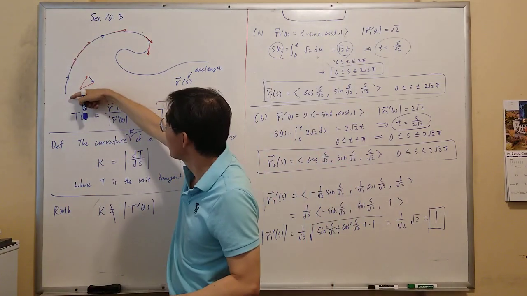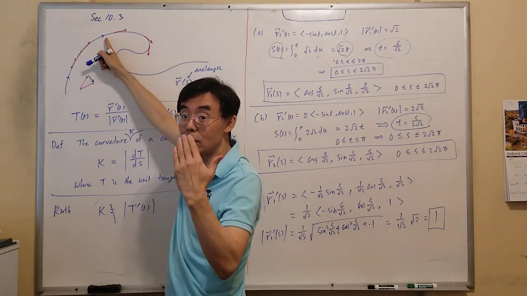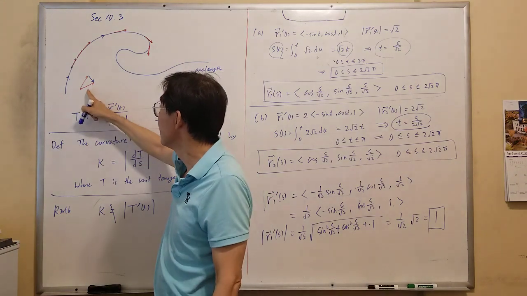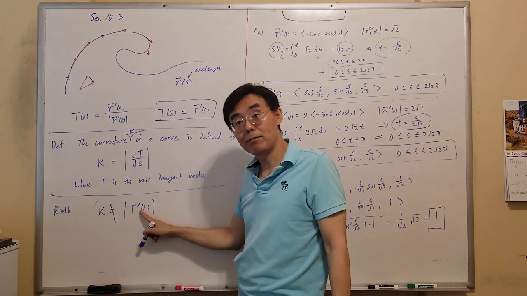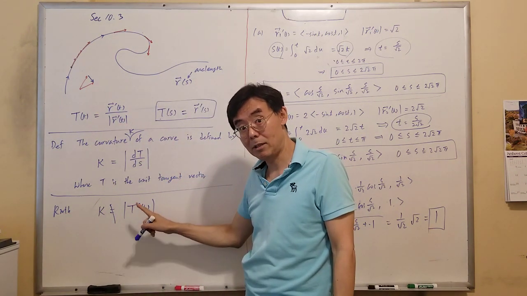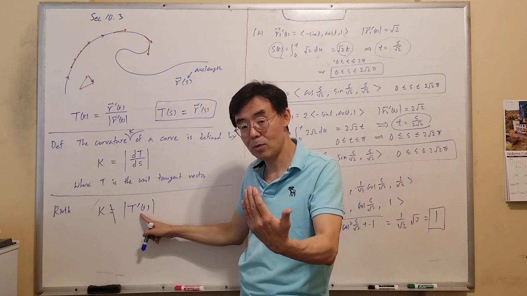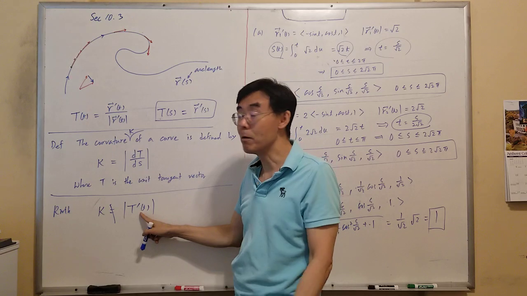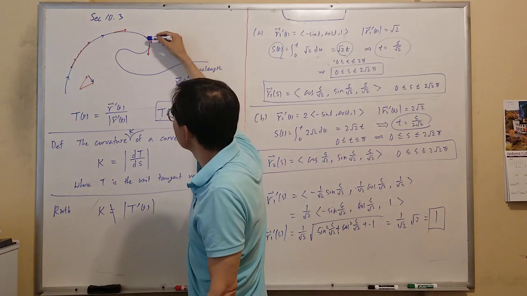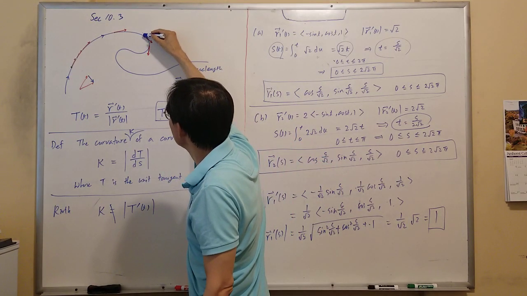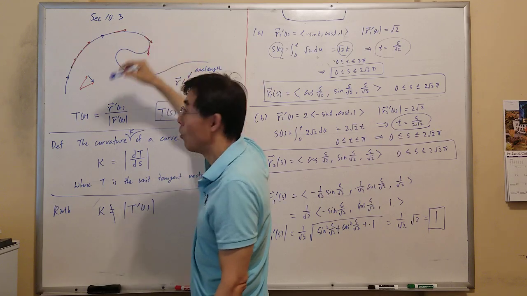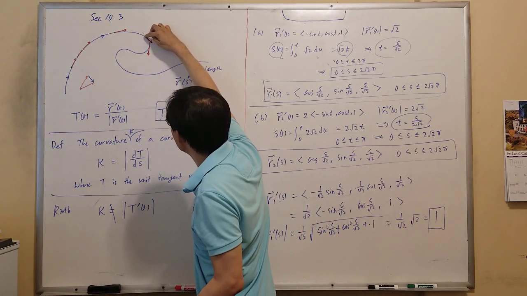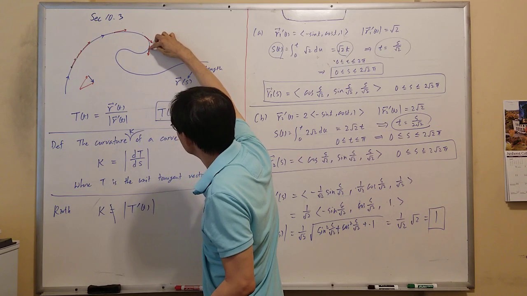So even though the curve is changing slowly, if you go through that part really fast, the derivative of T with respect to t can still be a large value, even though your curve is curving slowly. On the other hand, let's say you go from here to here over 100 seconds. You slow down a lot. You go really, really slowly.